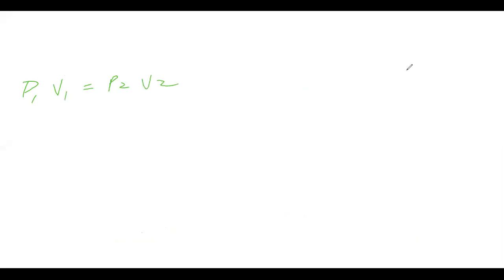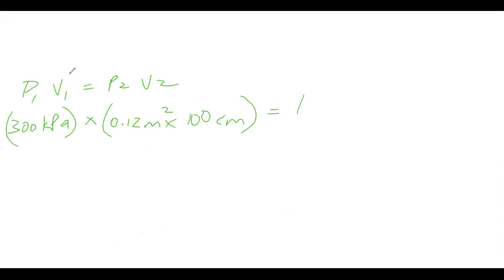So P1 was 300 kilopascal multiplied by the volume, which is 0.12 meters squared, the cross-sectional area, multiplied by 100 centimeters, which is equal to, we don't know the P2 value, but we know that the area is the same, 0.12 meters squared, multiplied by 40 centimeters. They had asked us now to calculate, but you see this here, these centimeters, we need to convert that into meters.